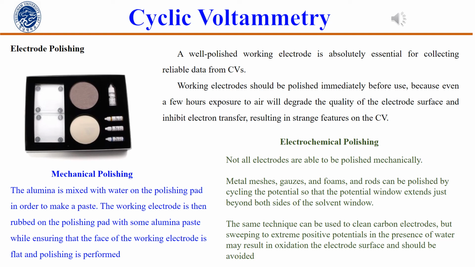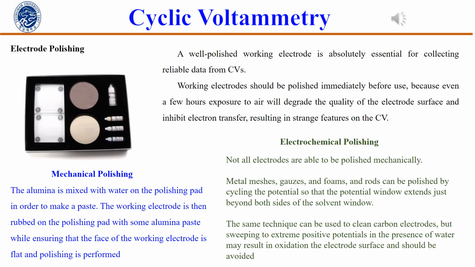Working electrodes should be polished immediately before use, because even a few hours of exposure to air will degrade the quality of the electrode surface, inhibit electron transfer, and result in strange features in the cyclic voltammogram.